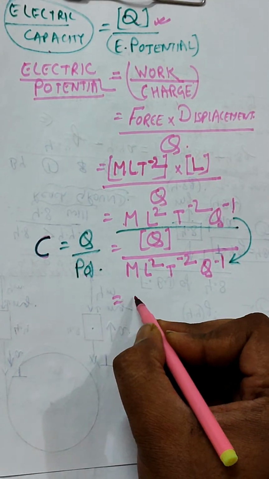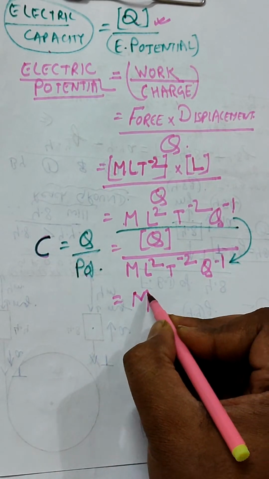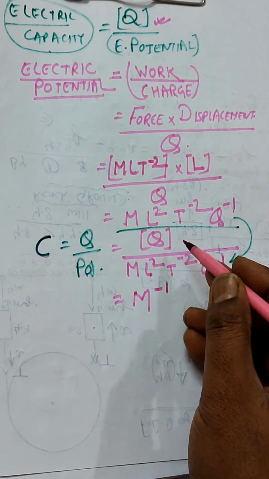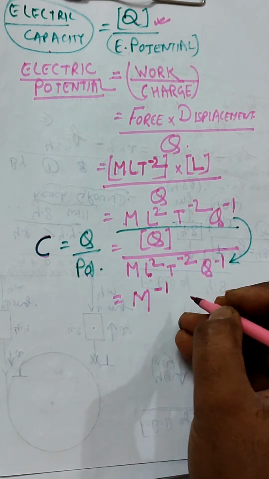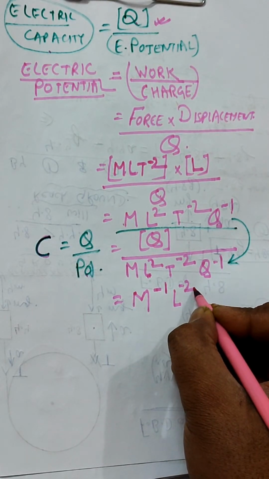This will give you M⁻¹. Any other L over here? No. Then simply this L will come into the numerator, so this will be L⁻².